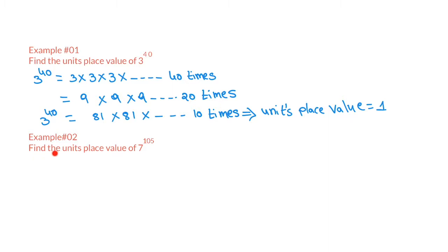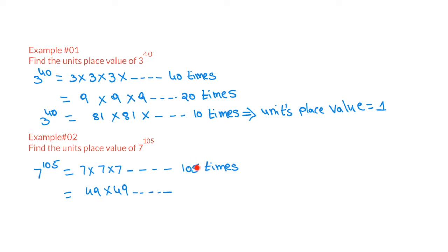Next example, find the units place value of 7 power 105. The 7 power 105 can be written as 7 multiplied with itself 105 times. Right? As a first step, I'm taking 7 multiplied with 7, 49, multiplied with 49, and so on.